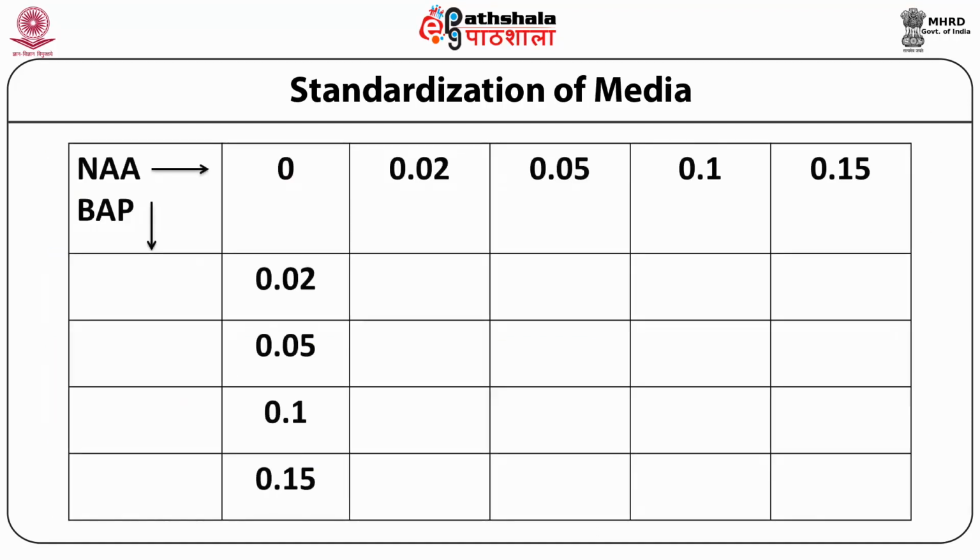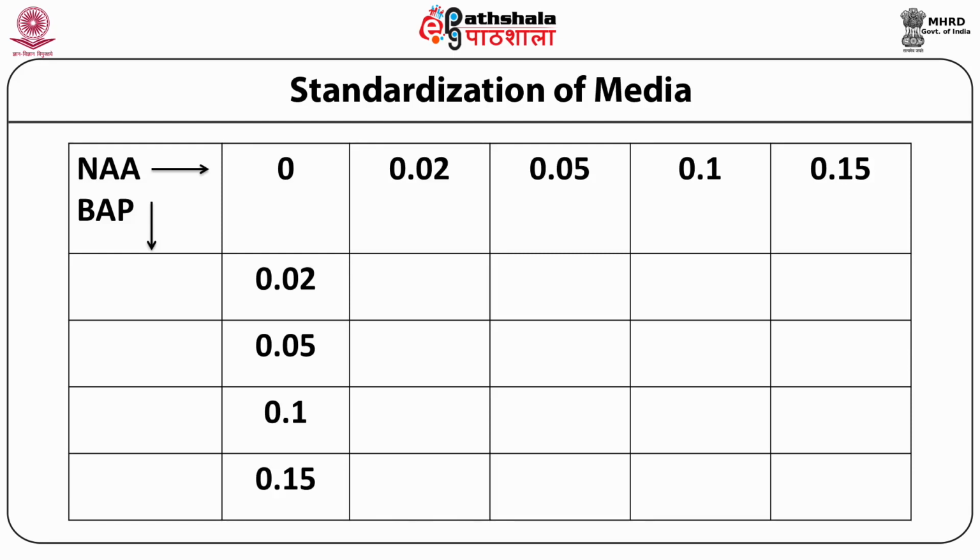Tissue culture can be regarded as an art, as there is no single approach to select a suitable media. So what we do normally is that first we try three kinds of media: low salt, medium salt, and high salt. And we call it a checkerboard experiment. So you try a range of cytokinin and auxin combinations.